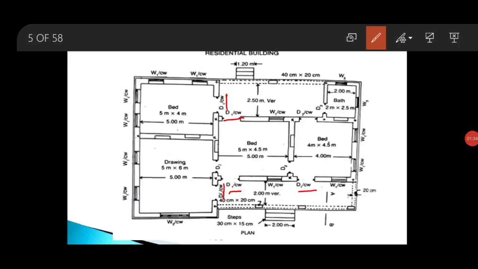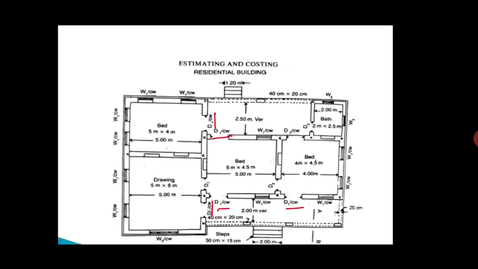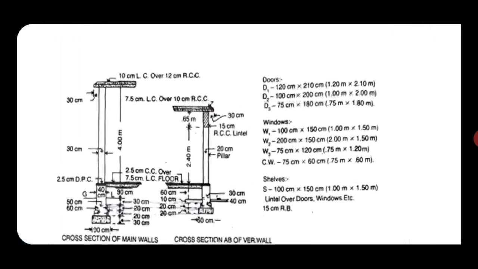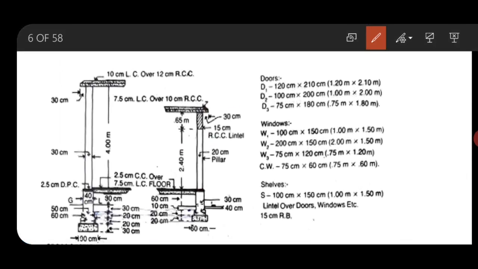So now you can see there are 5 numbers of D1 type door, and the size of D1 door is 1.2 meter by 2.1 meter.